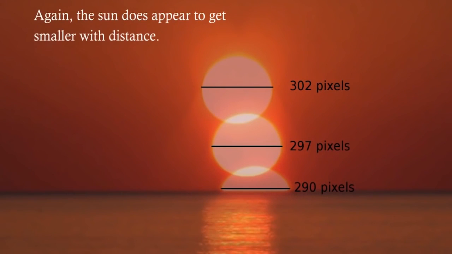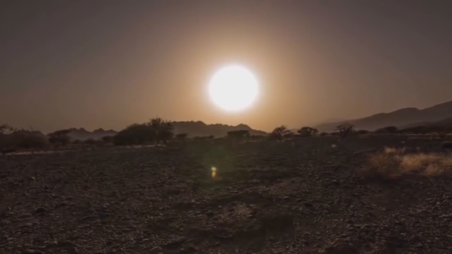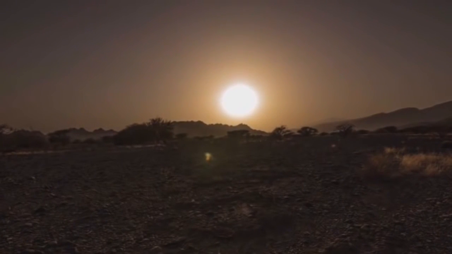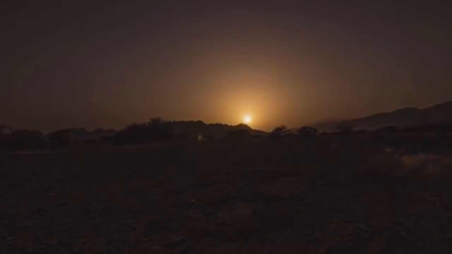In this case from 302 pixels to 290. And then of course there's this video right here, which apparently was shot in the desert, where there's going to be a lot less moisture, and whenever there's less moisture you're going to obviously have less refraction and magnification. You don't get to pick the anomalies that seem to agree with your views and ignore the common observations that don't, and still call yourself an honest investigator.